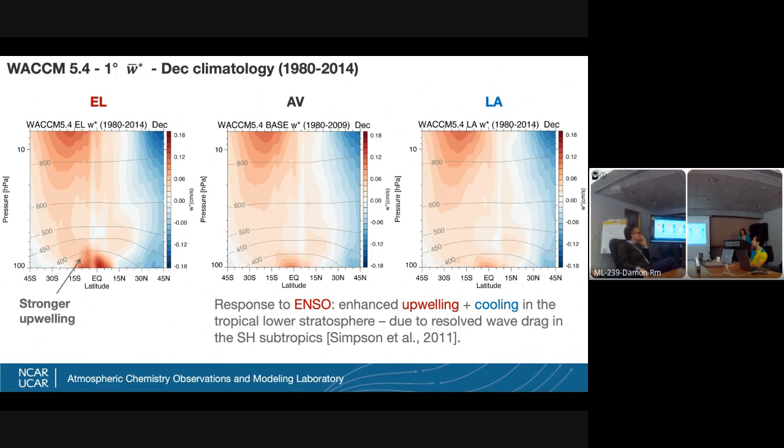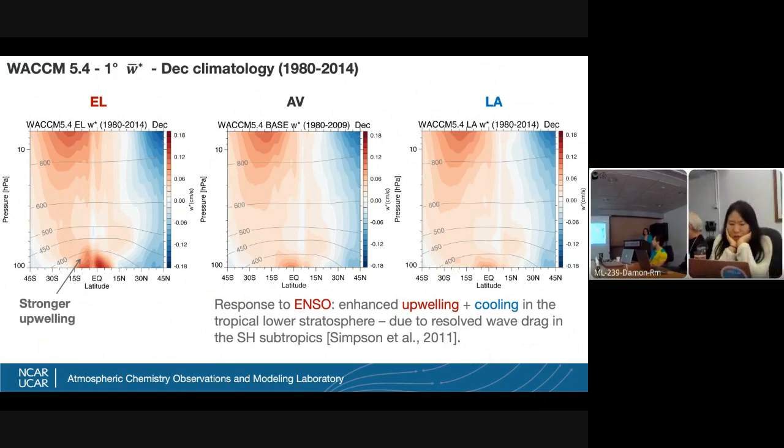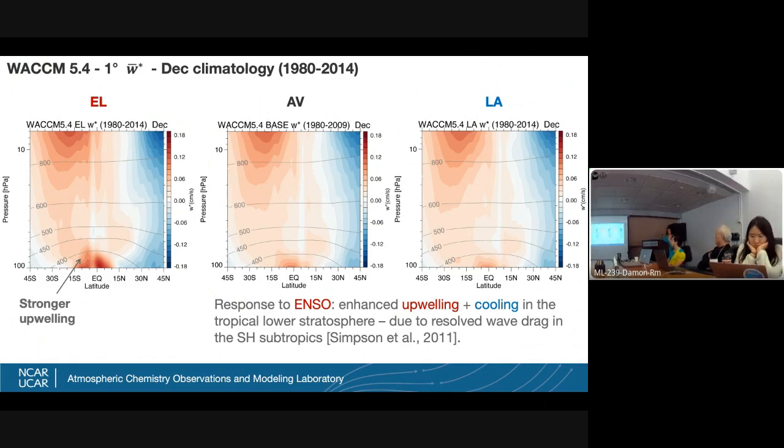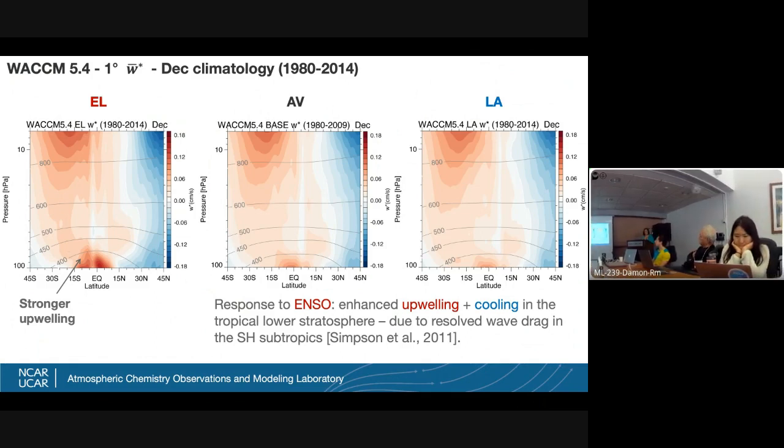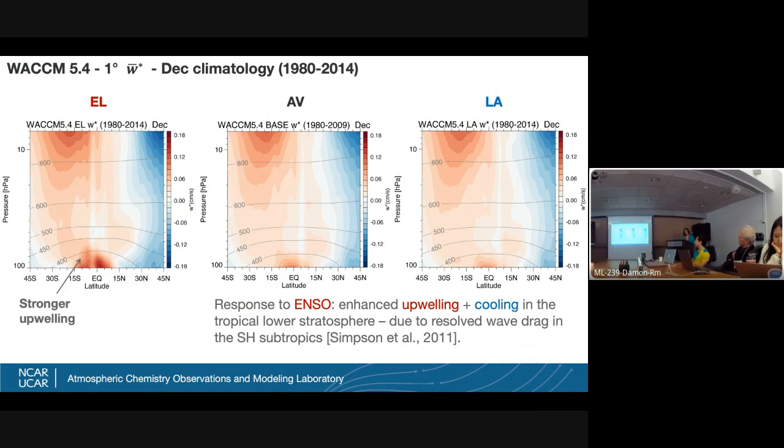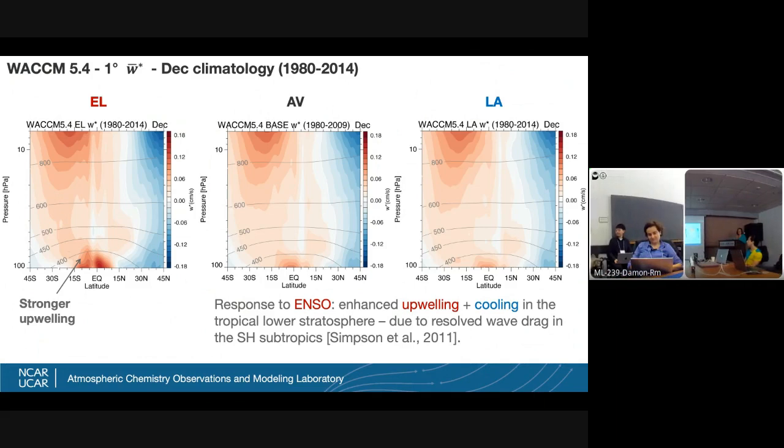There were a couple of papers, but one paper came out in 2011. She looked at the response to ENSO using the Canadian atmosphere model. What they found was that during ENSO, the troposphere gets warmer, the tropical upwelling increases, and the lower stratosphere gets cooler. Is that true? I wanted to see if this is the case for the WACCM5.4 1-degree run.